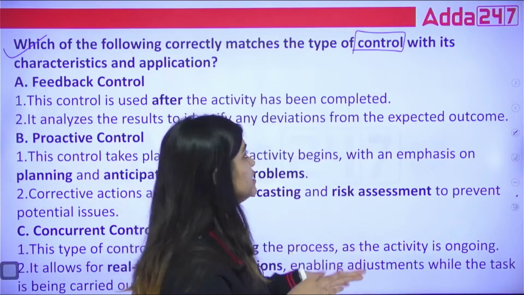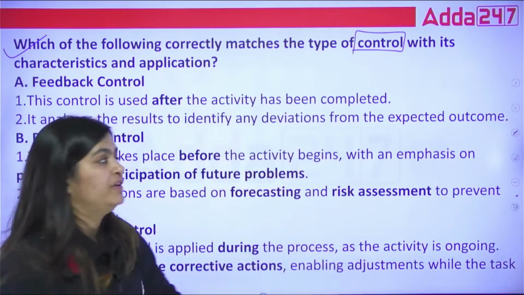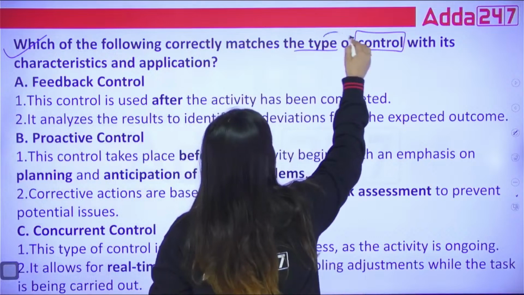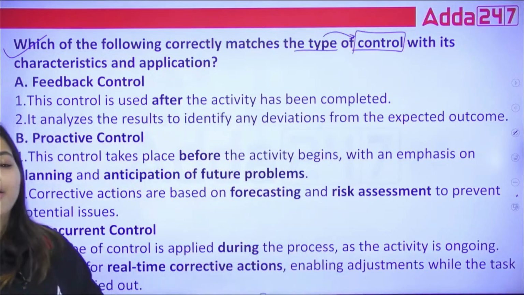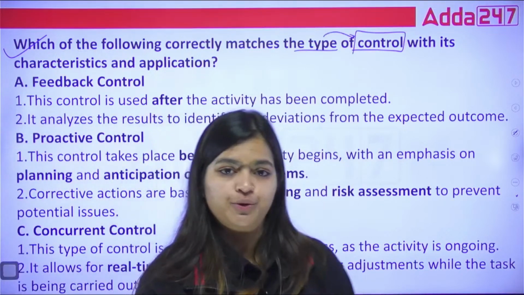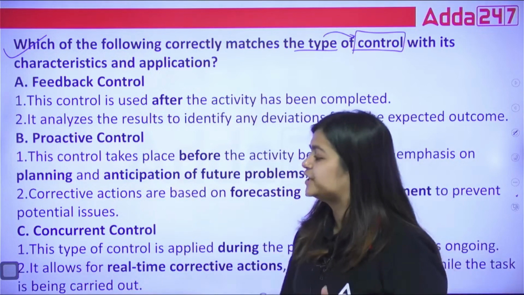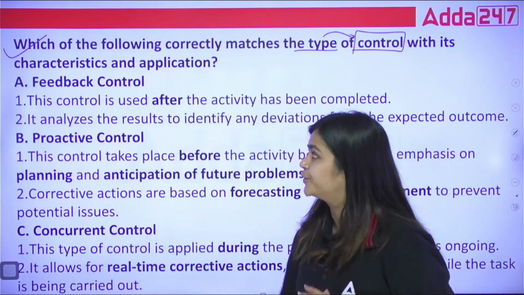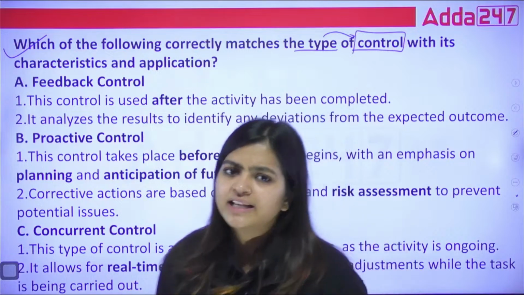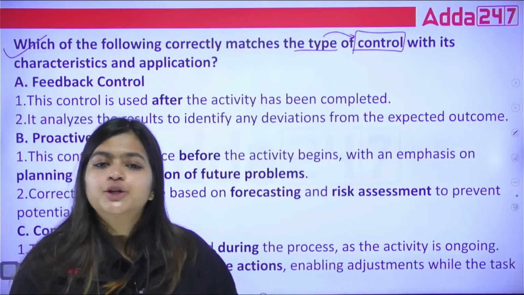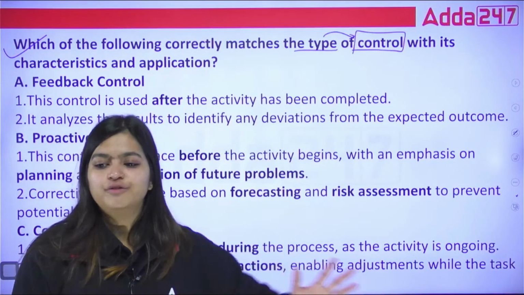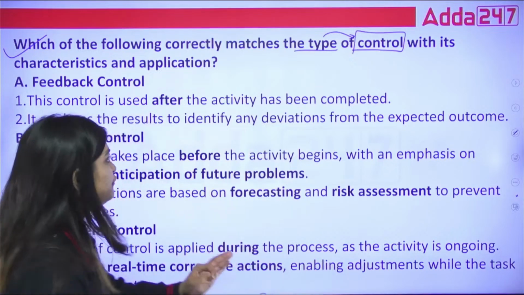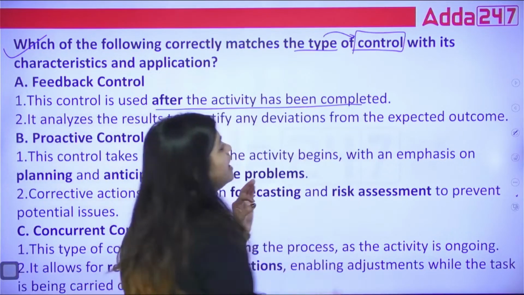So control helps to control all these types of deviations. In this, we have 3 types of controls under the controlling unit. First is your feedback control. Second is your proactive control. Third is your concurrent control. Feedback control says you control after completion of the work, which means after your activity has been completed.